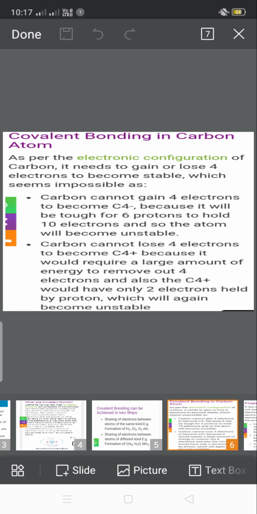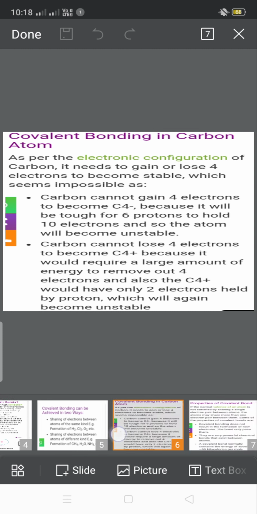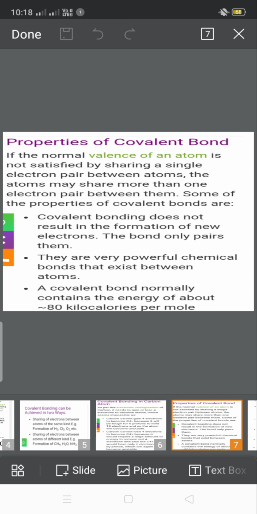Carbon cannot lose 4 electrons to become C4 positive, because it would require a large amount of energy to remove 4 electrons, and also the C4 positive would have only 2 electrons held by 6 protons, which will again become unstable.